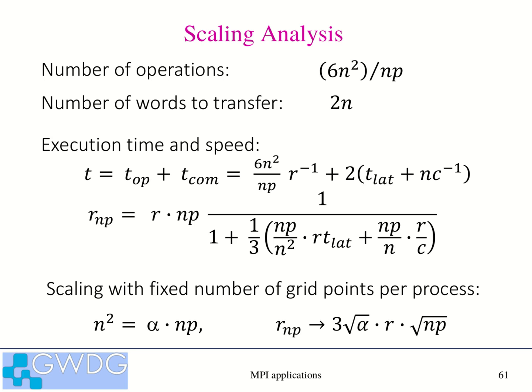What could one do to improve it? The crux is that you have to communicate n data for every process, and therefore you have here the NP over n.